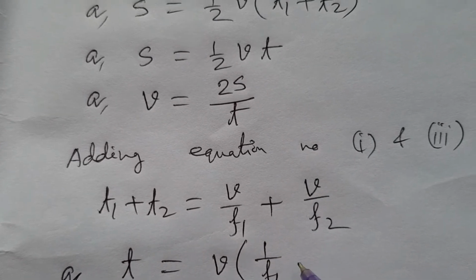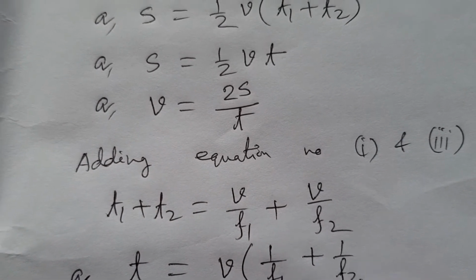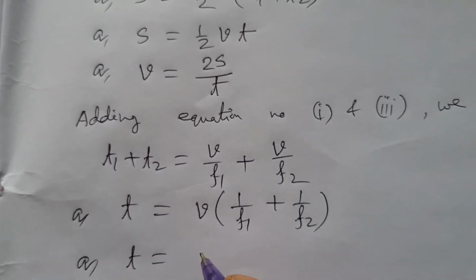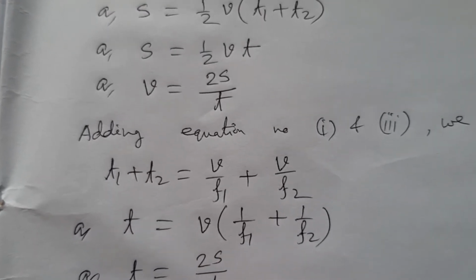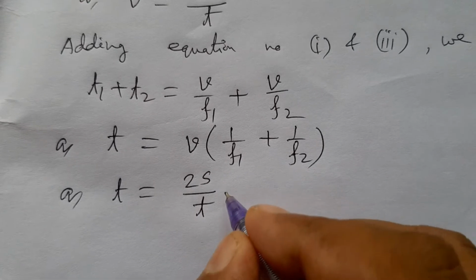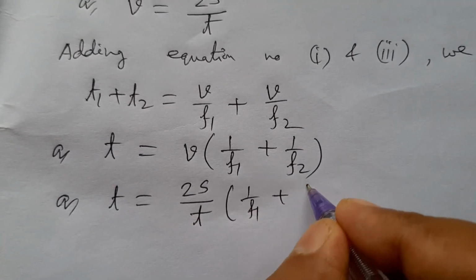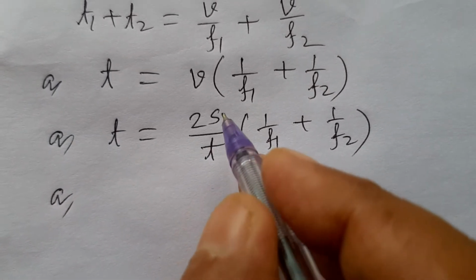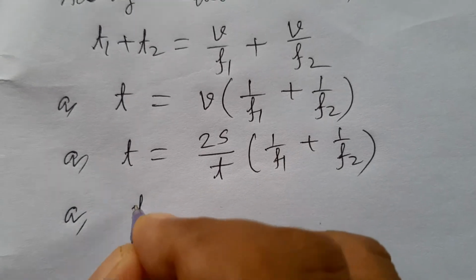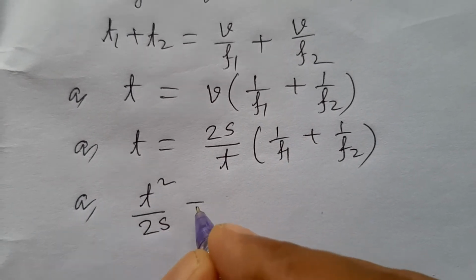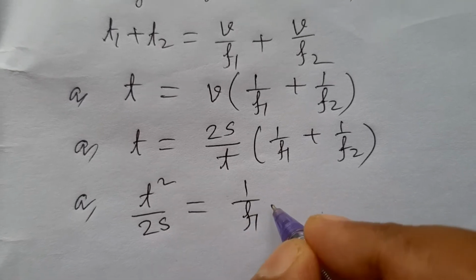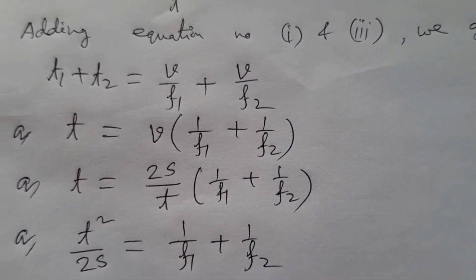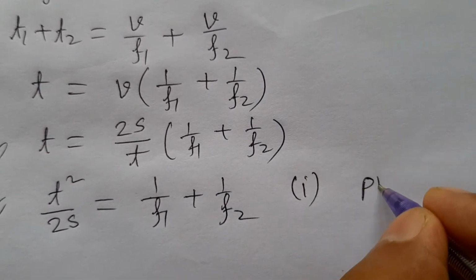We can write 1 by f1 plus 1 by f2. Now putting the value of v, we get t is equal to 2s by t, then 1 by f1 plus 1 by f2. If we transfer this term to the left side, then we get t squared divided by 2s is equal to 1 by f1 plus 1 by f2. This is number 1 proved.